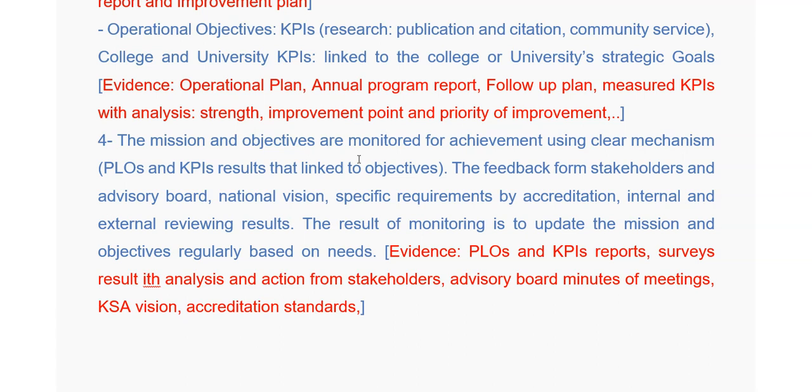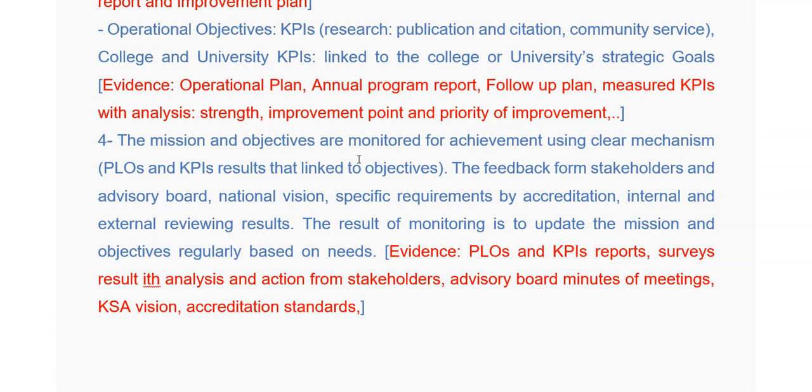So you should have clear feedback, and of course this should be written in your quality guide or quality assurance guide. This guide contains a lot of quality assurance cycles, and one of these cycles is about mission and objectives update. You should have a cycle about updating mission and objectives.